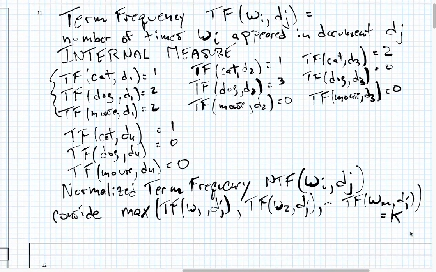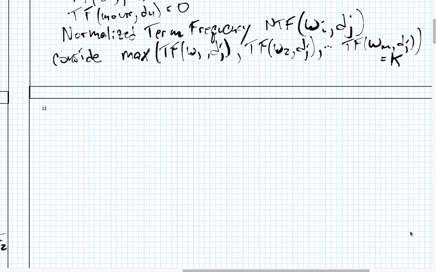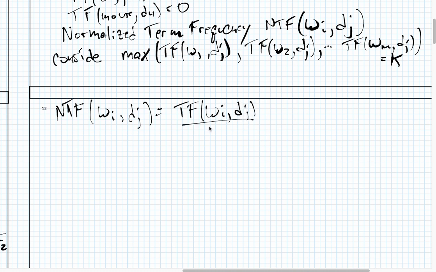And then I come down here and say that the normalized term frequency of Wi in d sub j would just be equal to the term frequency of Wi in d sub j, divided by k.